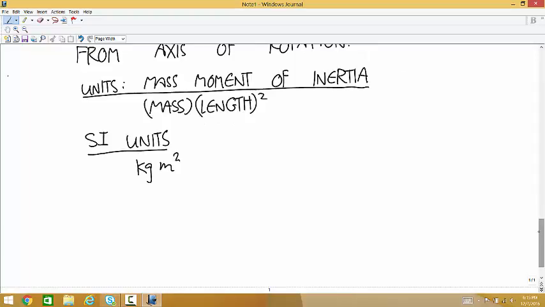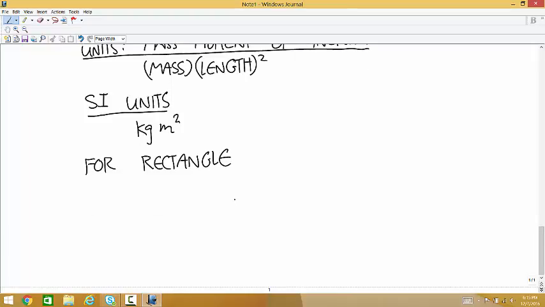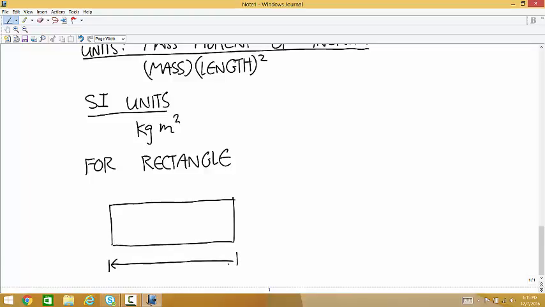And so for a rectangular shape, let's say this rectangle has a length L and a height W, width. And let's say the axis of rotation is the center.